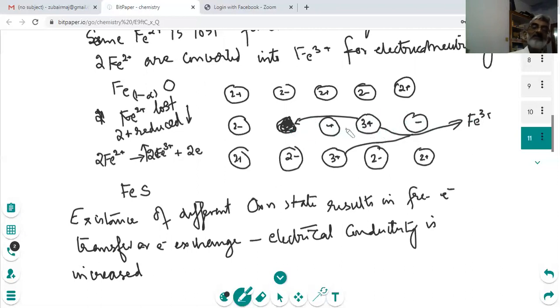Each of these migrations will lead to the creation of a new hole, and this type of positive ion movement is the basis of creation of p-type semiconductors.